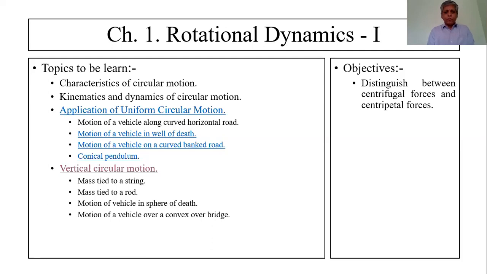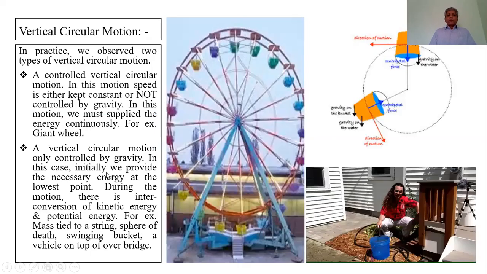Now, today I am going to explain about vertical circular motion. In our daily life, we observe two types of vertical circular motion. One is a vertical circular motion which is controlled manually or by using machinery, but not controlled by gravity.